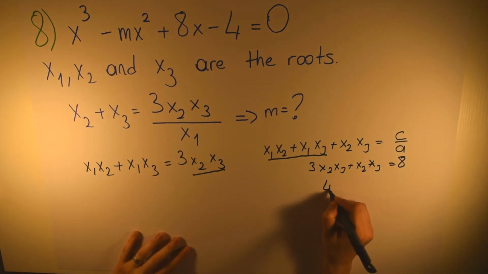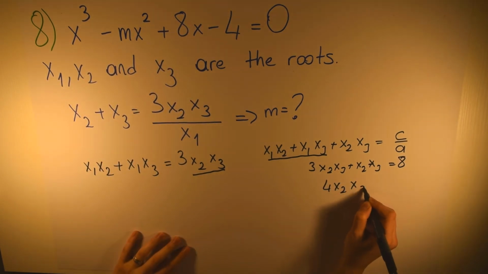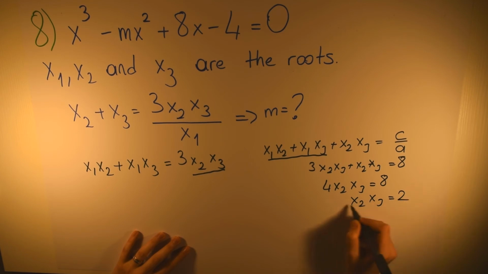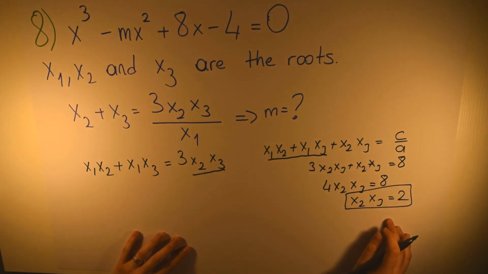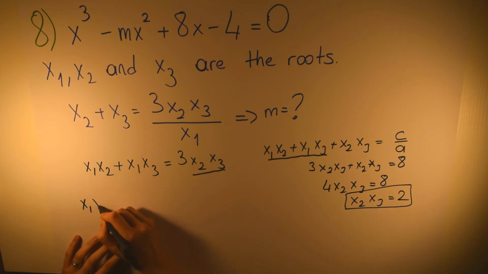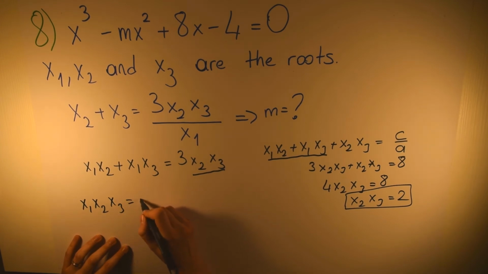Here I have 4x2x3, which is equal to 8, and x2 times x3 is equal to 2, right? So after finding this, I also know another formula, which is x1 times x2 times x3, right? So this is equal to minus d over a.